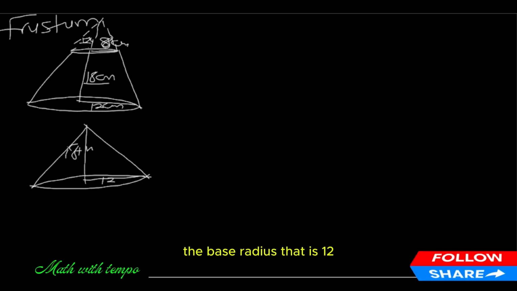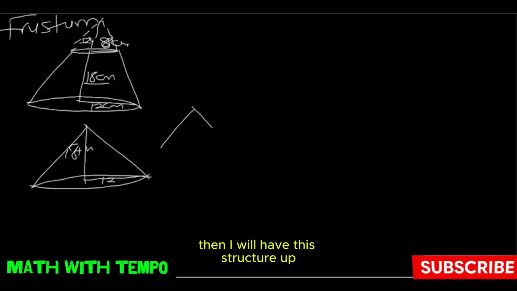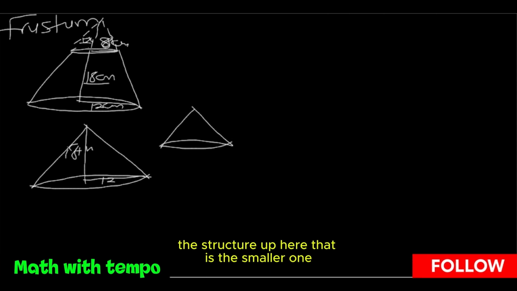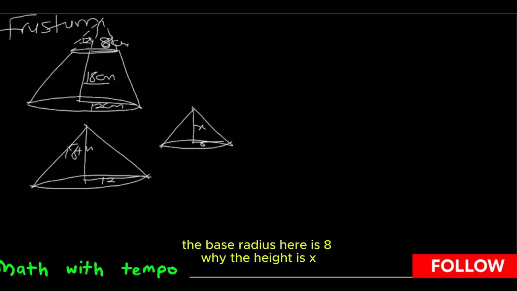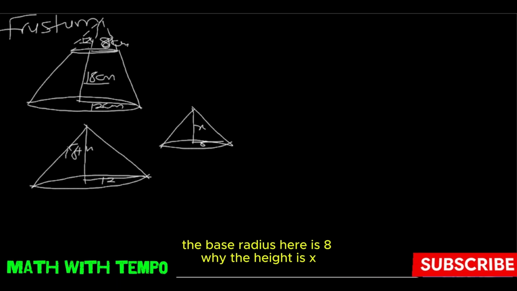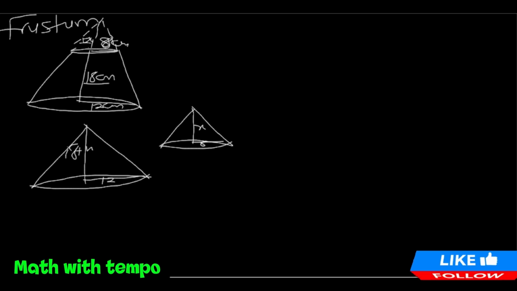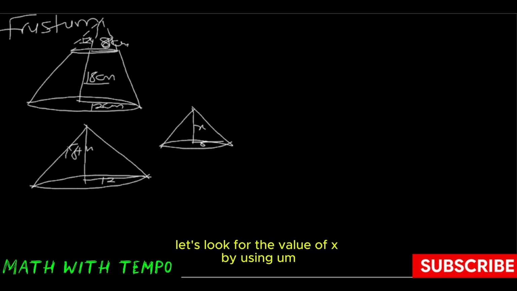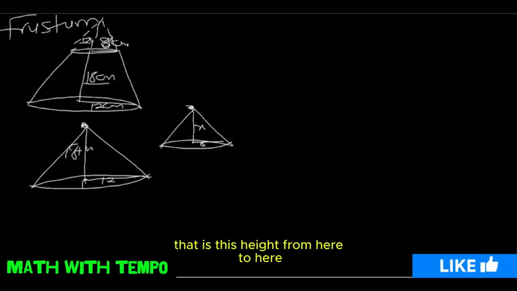The base radius, that is 12. Then I will have the structure up here, that is the smaller one. The base radius here is 8, while the height is X. Let's look for the value of X by using similar shapes.